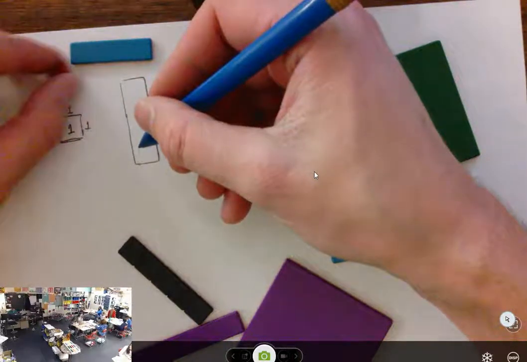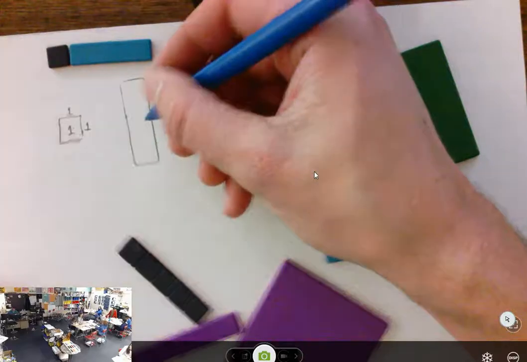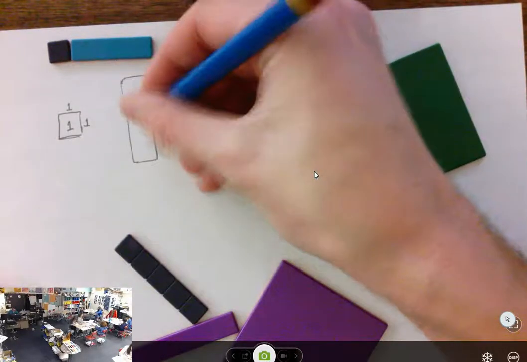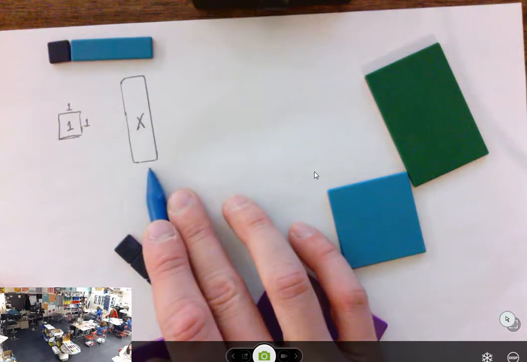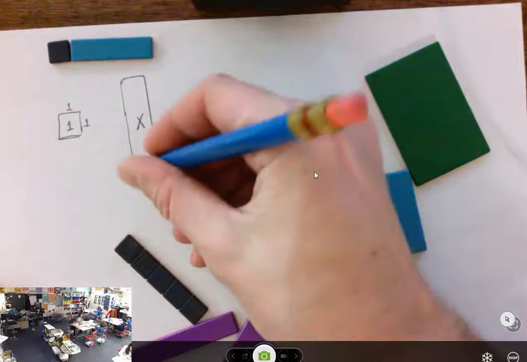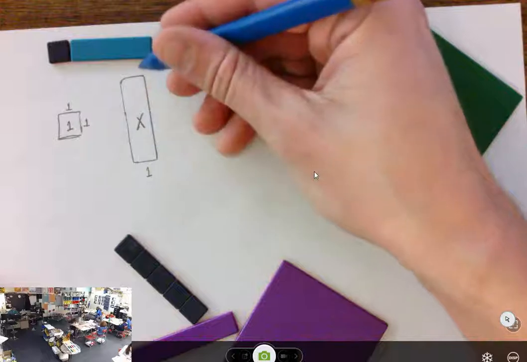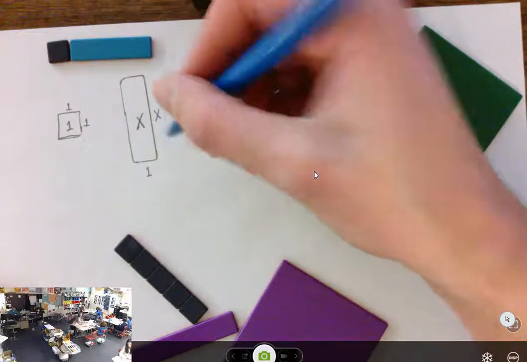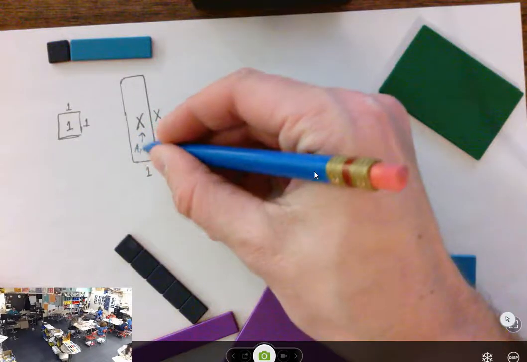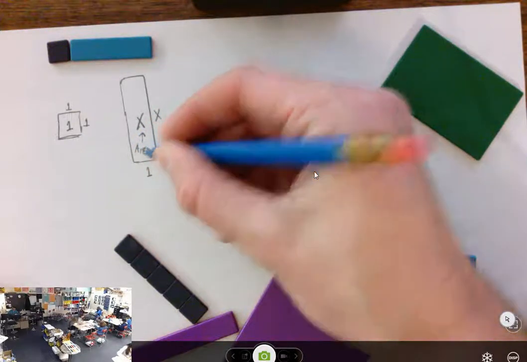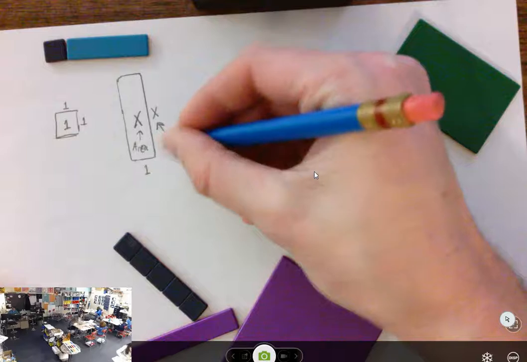They line up on the short edge. Which means that if this is named X, what's the length of my short edge? 1. What's the length of the long edge? X. So this X is area, and this is length.